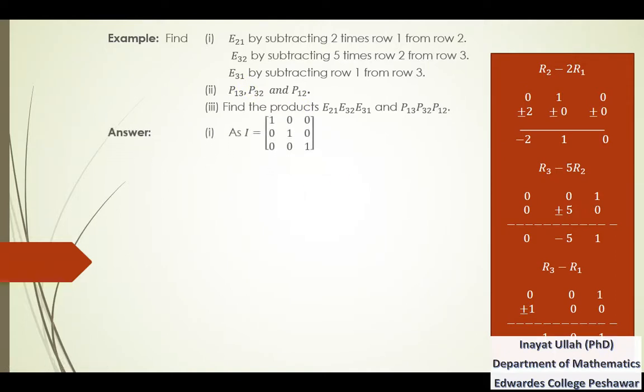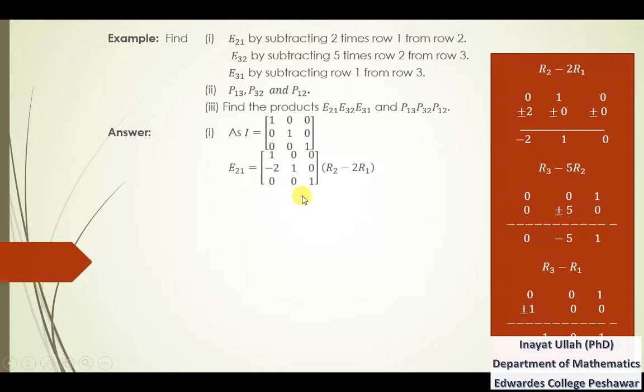We need to find these elimination matrices in the sense of the identity matrix. It means we take an identity matrix and do these operations right over here. To find E21, we subtract 2 times row 1 from row 2.